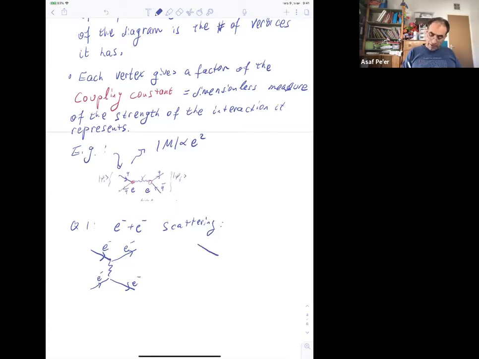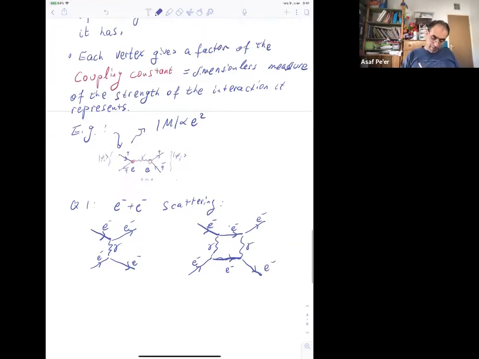But we also have a diagram which has an exchange of two photons. So let's call this diagram number one and this diagram number two. What's the ratio between the contributions to the amplitudes?